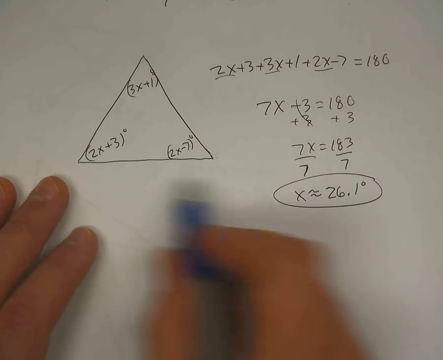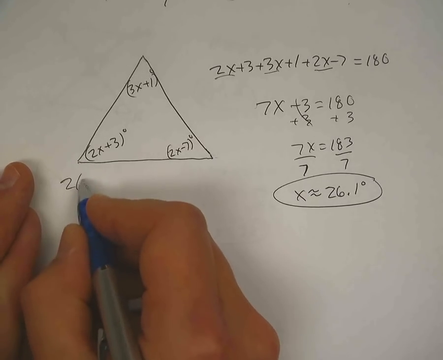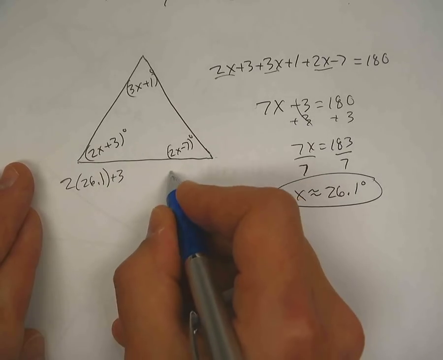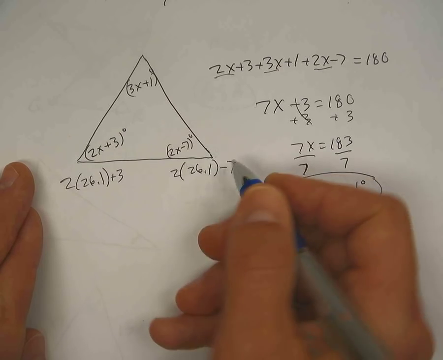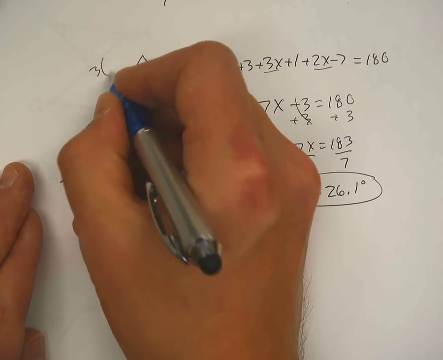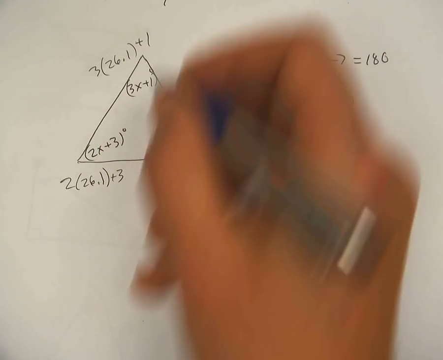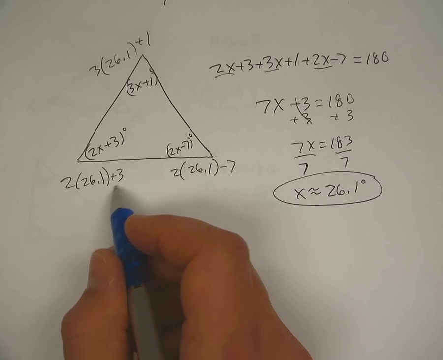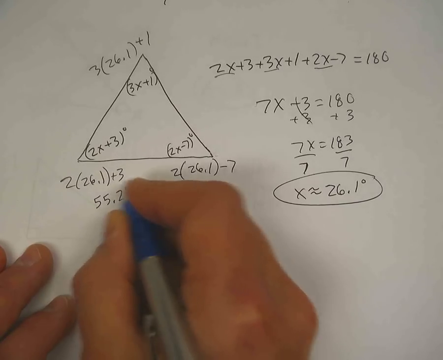So now I have to plug it into each of these angles. This one is 2 times 26.1 plus 3. This one is 2 times 26.1 minus 7. And this is 3 times 26.1 plus 1. So I do that. 2 times 26.1 is going to be 52.2, plus 3 is 55.2 degrees.